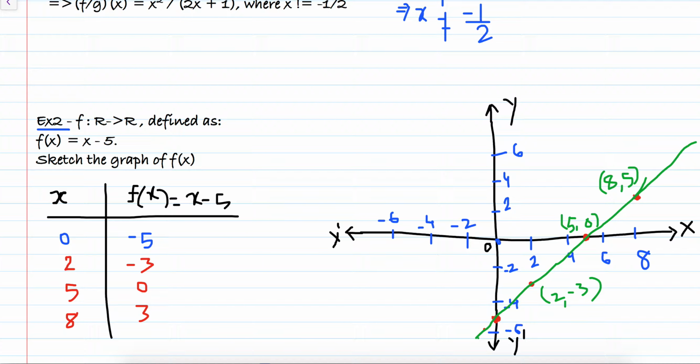And this point is 0 and minus 5. So this should be the plot of f(x) is equal to x minus 5.